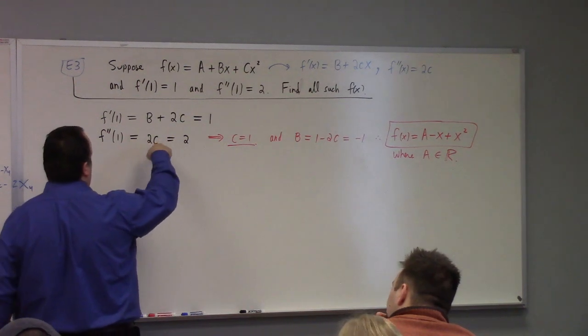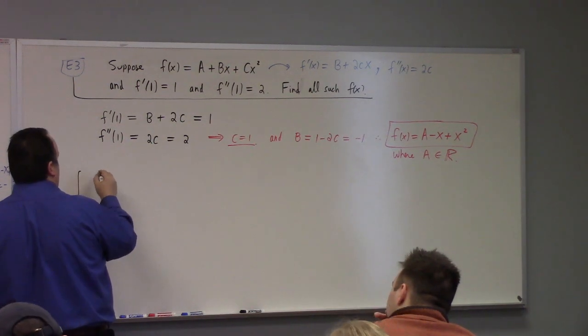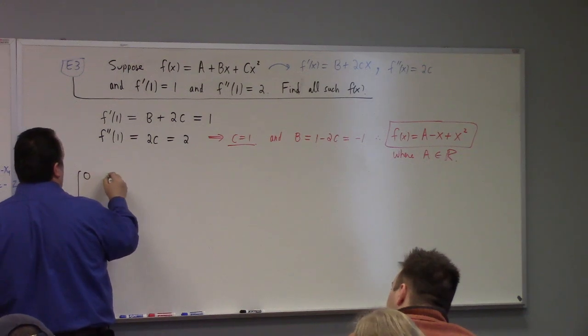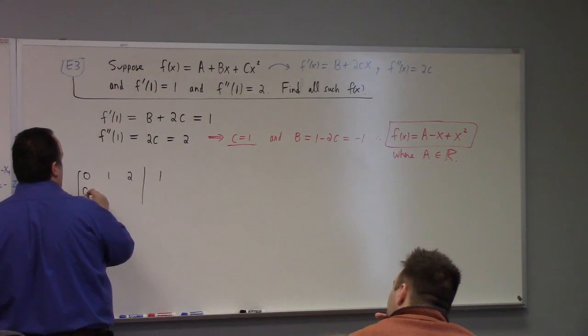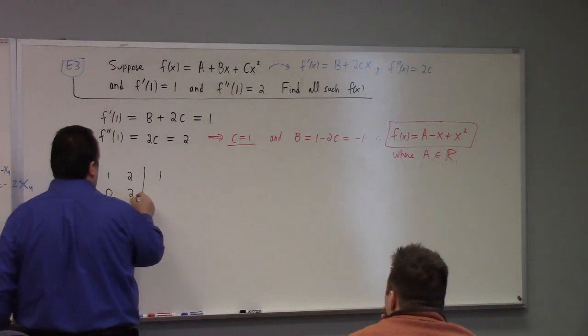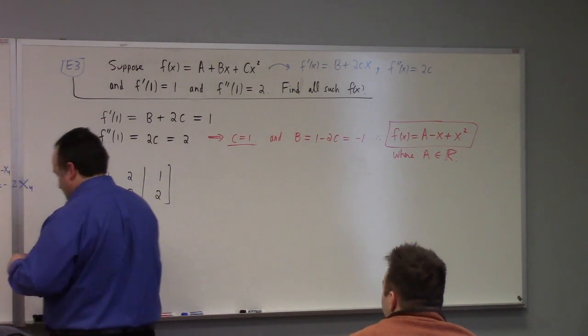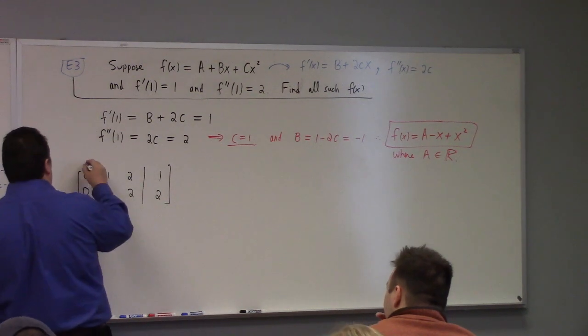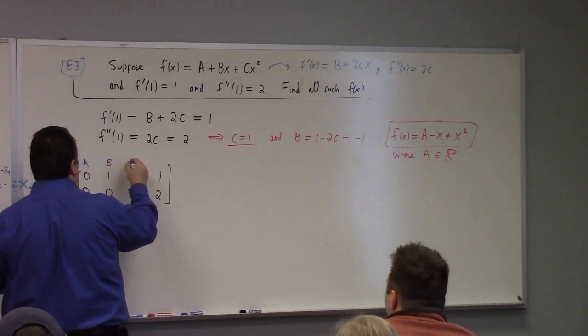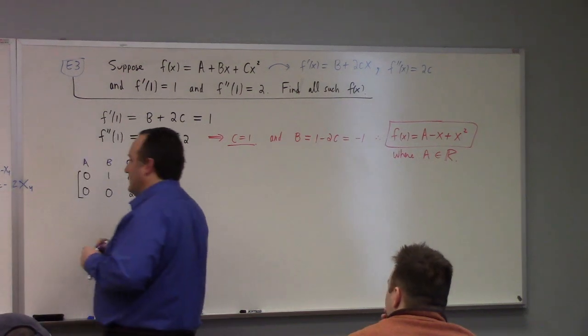So if I look at this system of equations here, I have 0, 1, 2, 1, and 0, 0, 2, 2. The notation I want to introduce to you guys is when we have a problem like this, and maybe your reader doesn't quite get what you're doing, a simple way to tell them is to say, hey, this is my a, this is my b, and this is my c column.